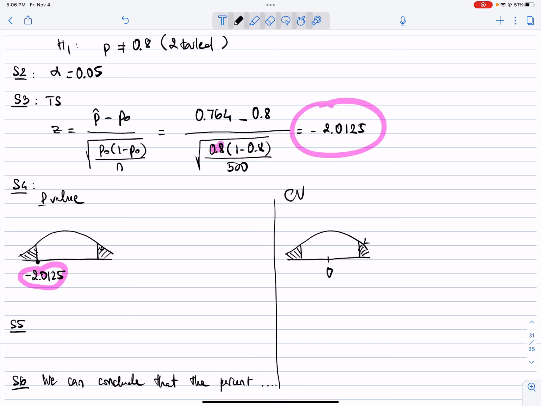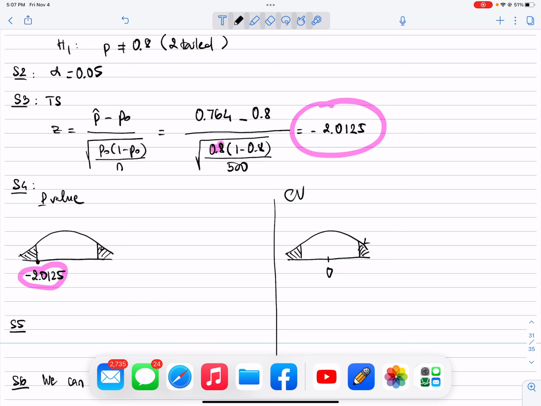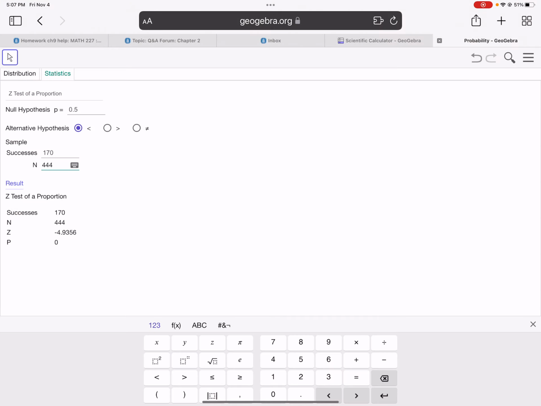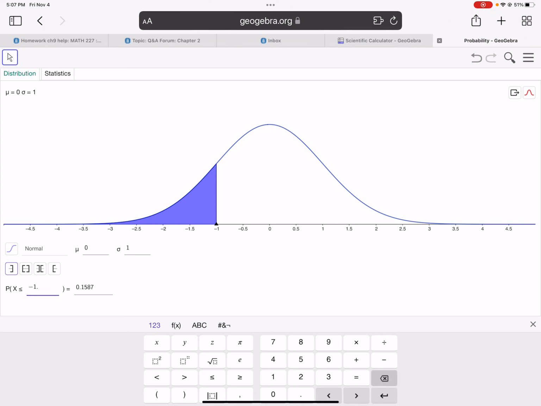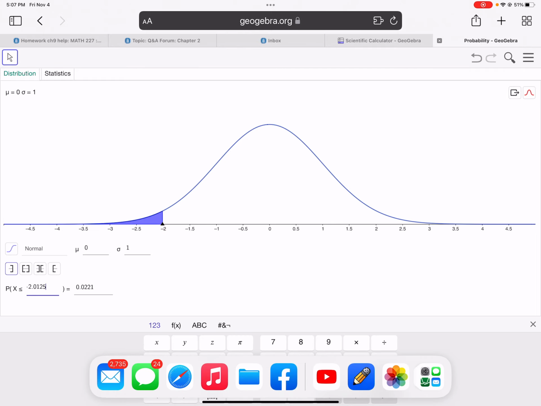In step number 4, for the p-value, we put in the test statistic, negative 2.0125, to find the p, and we got 0.0221.